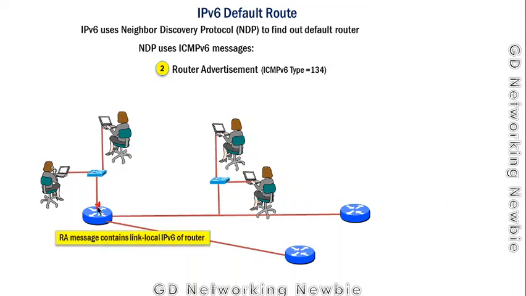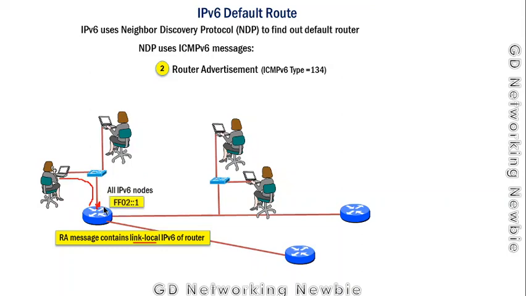The router advertisement message contains the link local IPv6 address of the router, and it may have other information as well. At the moment, the host machine needs the default router information, and this is enough. So the router advertisement message conveys the information about the default router to the client.